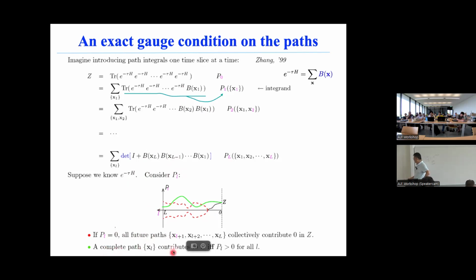So a complete path that successfully went from right to left would only contribute if the entire path stays positive. Because anytime it hits a 0, I don't care what it does in the future, it could be positive. But it's a part of this descendants from an ancestor that was at 1.0. So it's all part of a noise. So all the red ones are noise. So the only thing that contributed was the green. Okay.